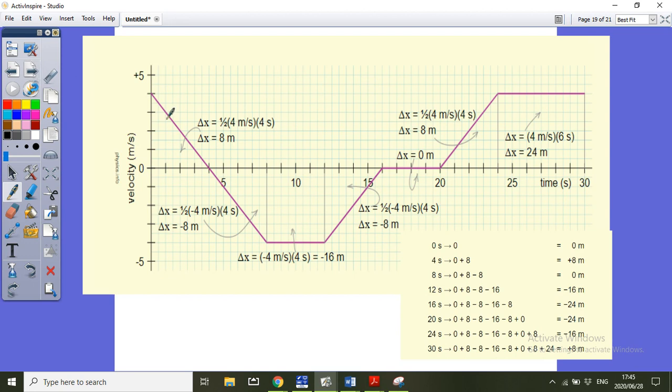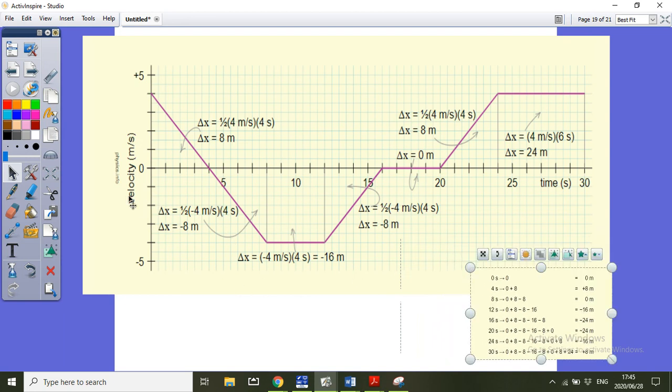So if you look at this slide here, the values have already been calculated. For the first bit here, we have 8 meters. So we've traveled 8 meters forward or east, or whatever the question tells you. This little triangle here is -8. But remember, we first went forward and then backwards.